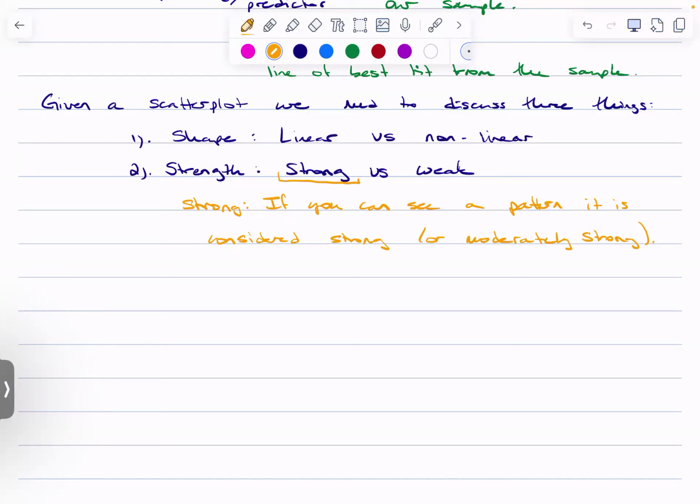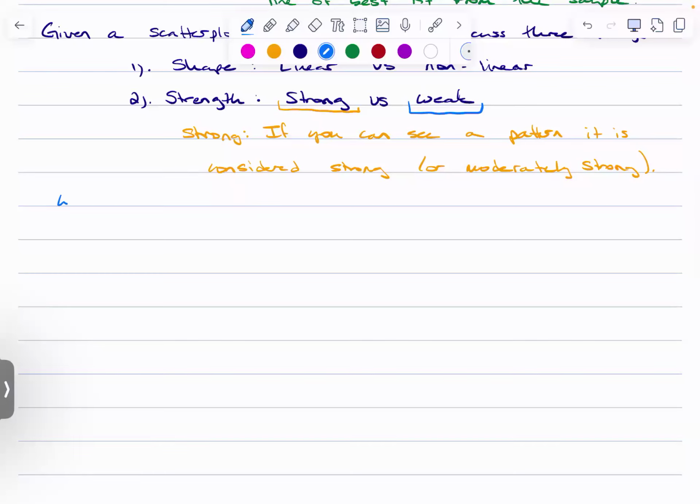The thing about a weak relationship is that you wouldn't include it in your analyses. A weak relationship would look something like this.